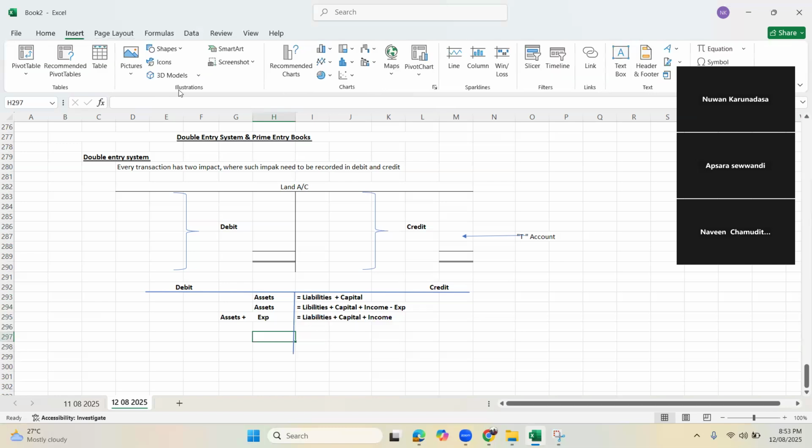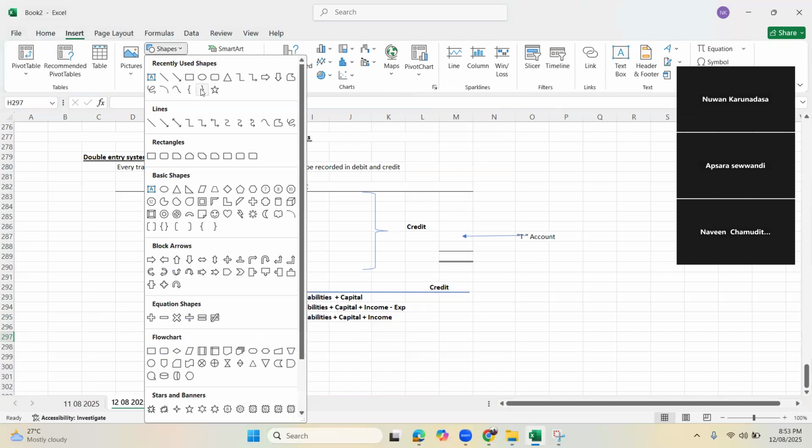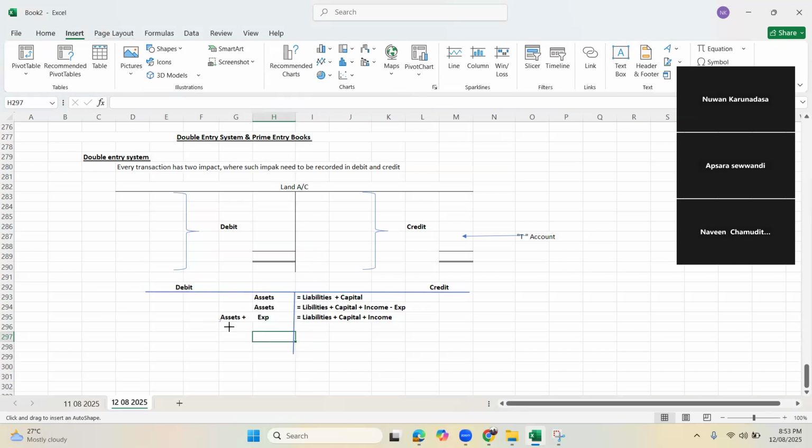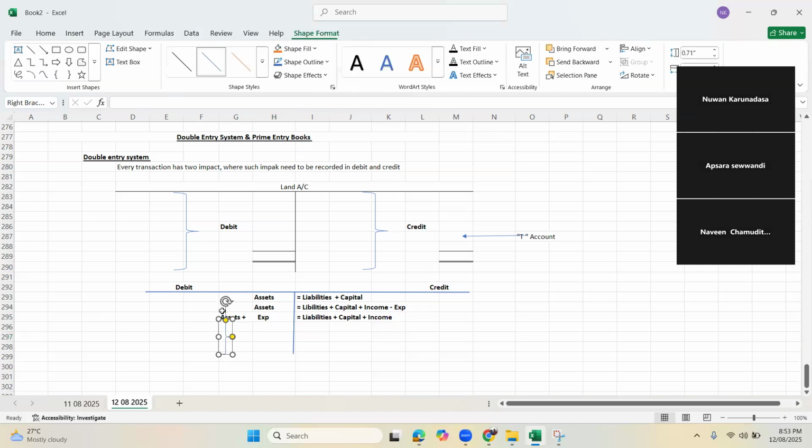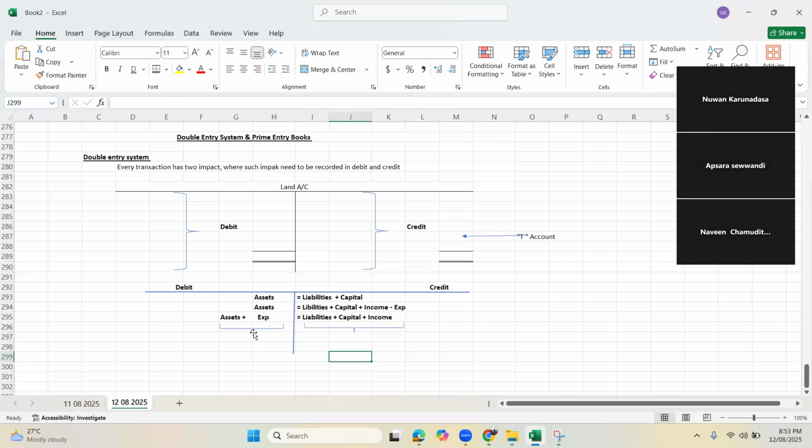If you need to deduct it, minus it, what should you do? Basically you need to take it to the other side. Now see, assets and expense accounts have debit balances and an increase will be debited.